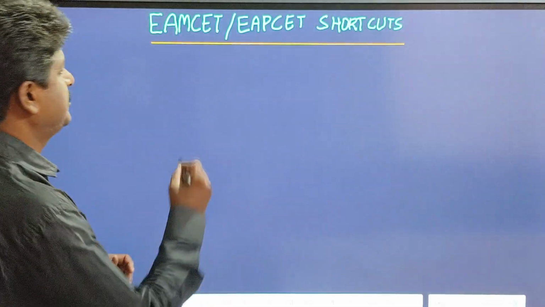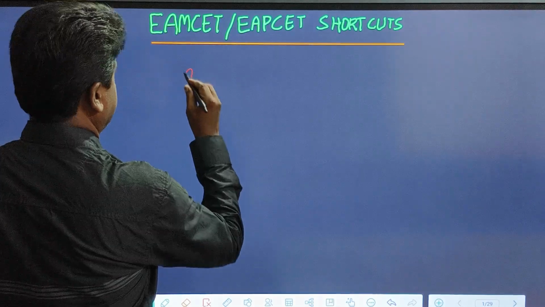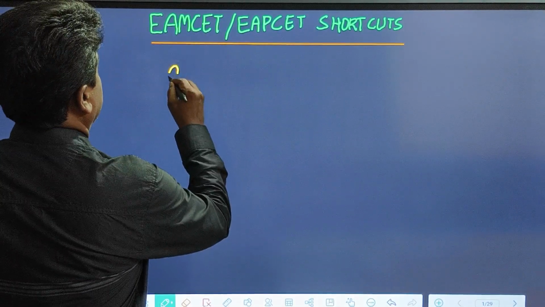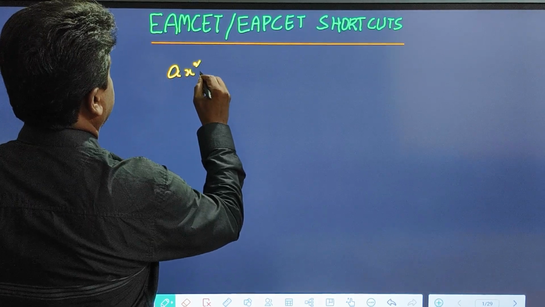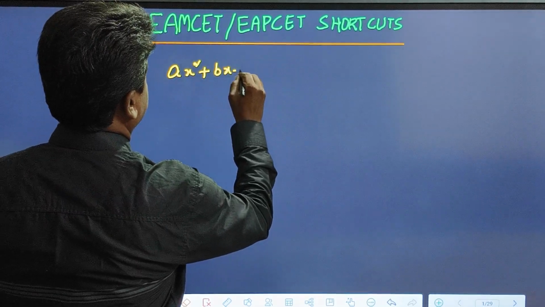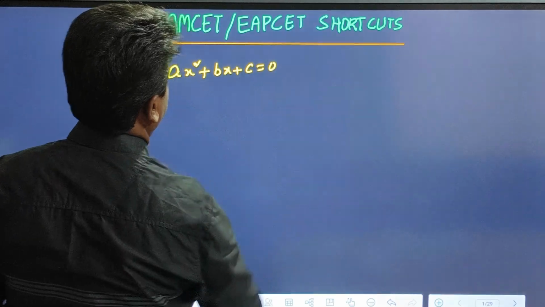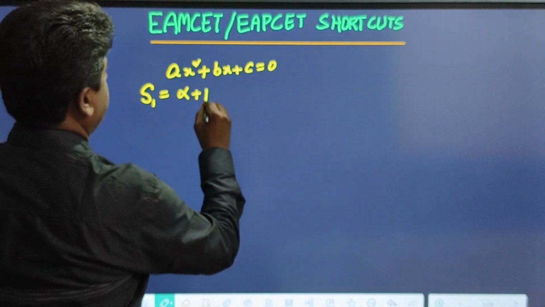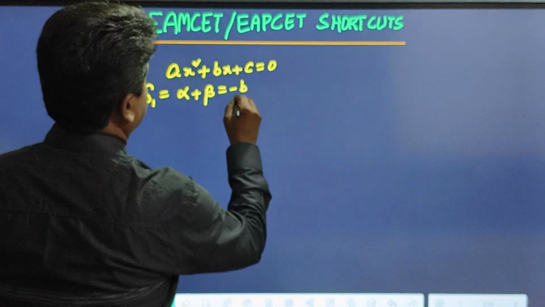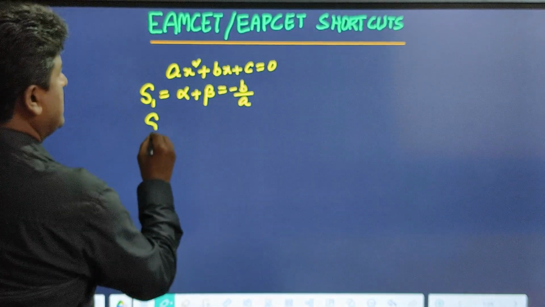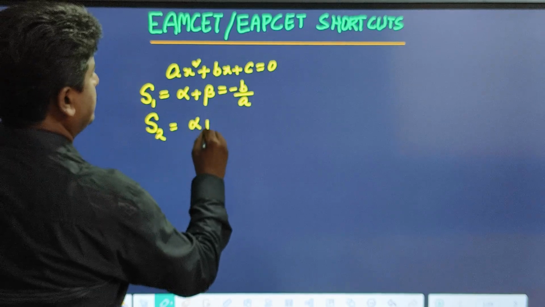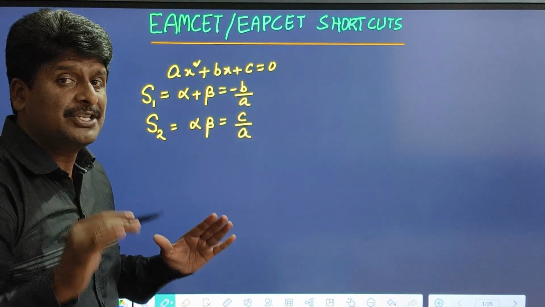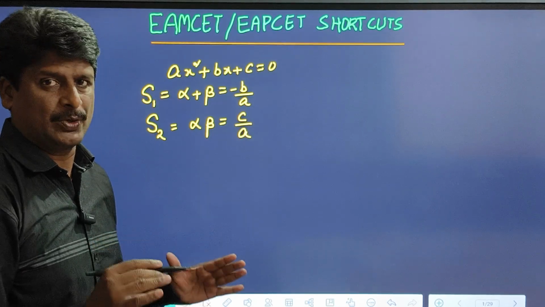Basic information about quadratic equations, which is of the form ax square plus bx plus c is equal to 0: the sum of the roots taken one at a time, alpha plus beta, is minus b by a, and the product alpha beta is equal to c by a. These are basic relations about quadratic equations.